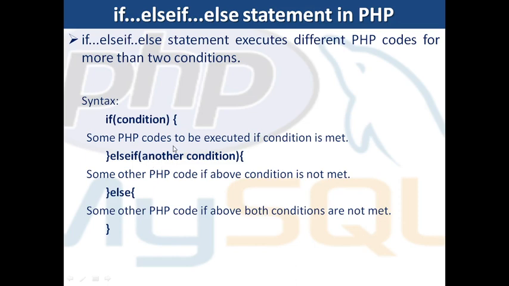If that condition returns true, then the statements within this block will be executed. If again this condition returns false, then it will come to the else part and the PHP code within the else block will be executed.